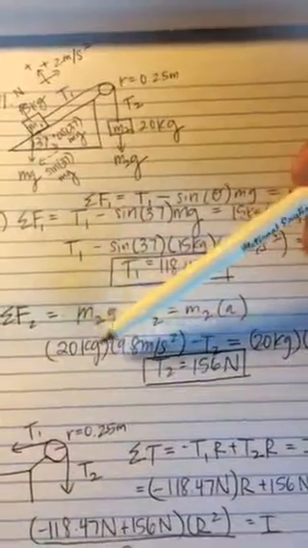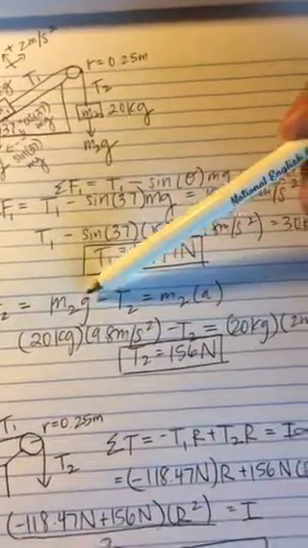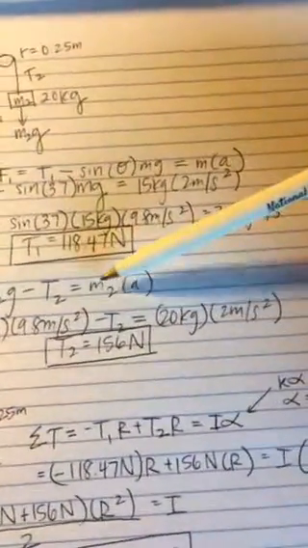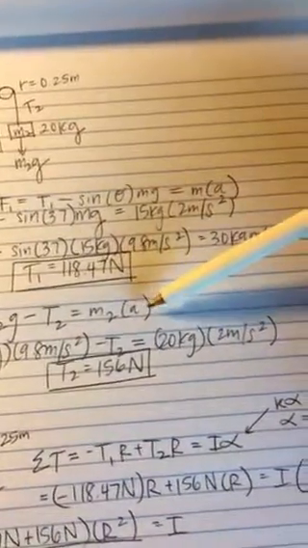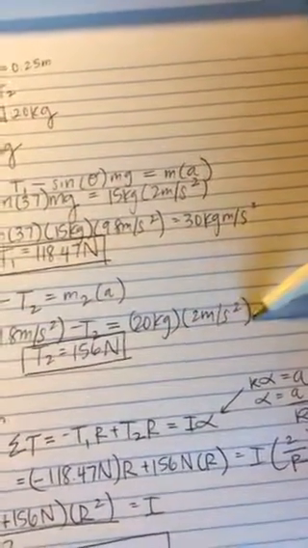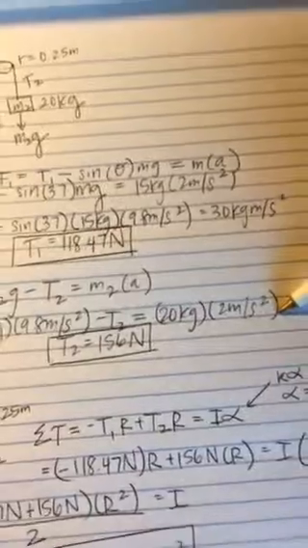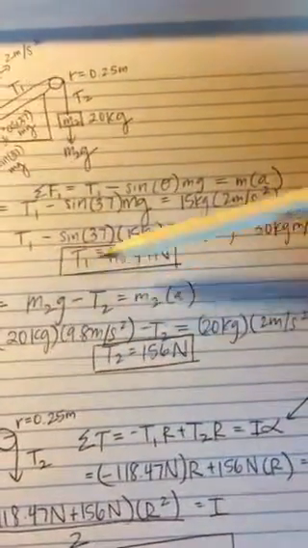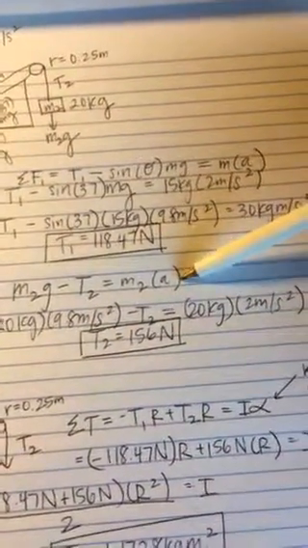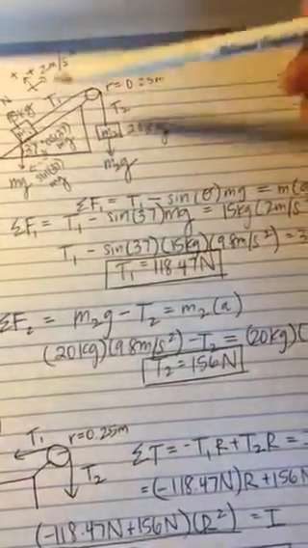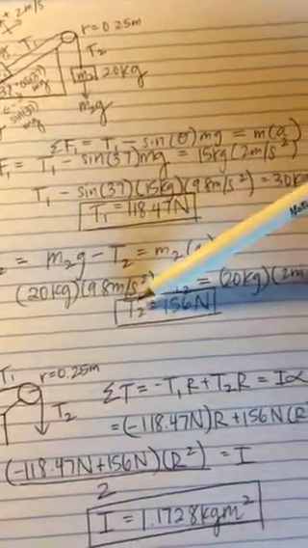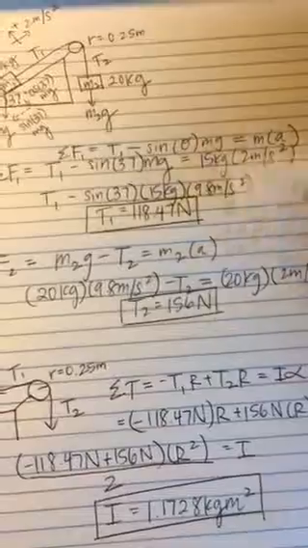They give us our mass is 20 kilograms, and the acceleration of gravity is always 9.8 meters per second squared, minus T2 equals the mass of the second object, which is 20 kilograms, times the acceleration of the entire system, which was already given at 2 meters per second squared. So I think the trickiest part about this one is just figuring out that the acceleration is 2 meters per second squared, because the acceleration of one block in the system is the acceleration of the whole system. And so that means that the second tension is 156 newtons.